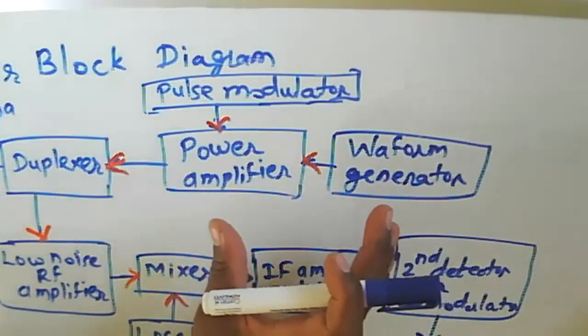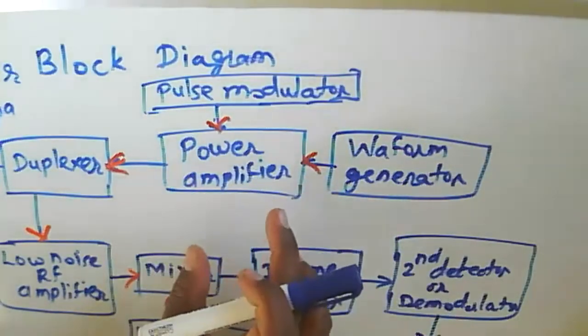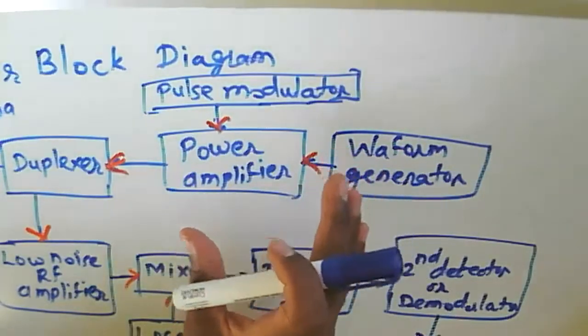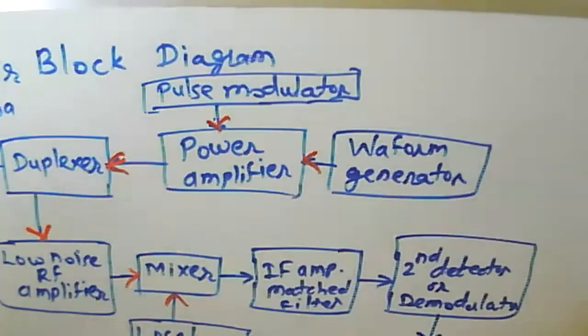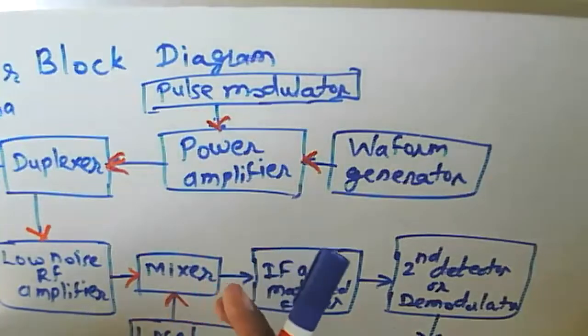We also consider a power amplifier, even if the device is sufficient to generate that much power. For example, a magnetron is used to generate the pulse, and if we require high power, then we go for the power amplifier. If the output of the magnetron is sufficient, we do not use any power amplifier.